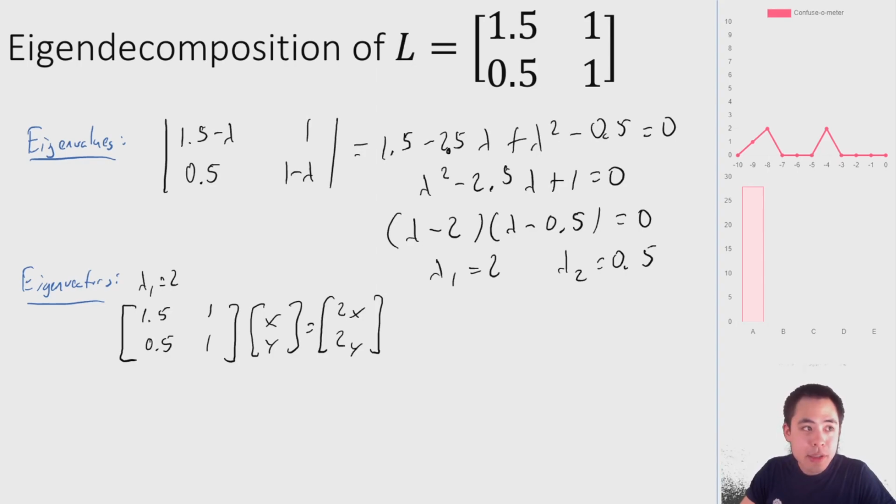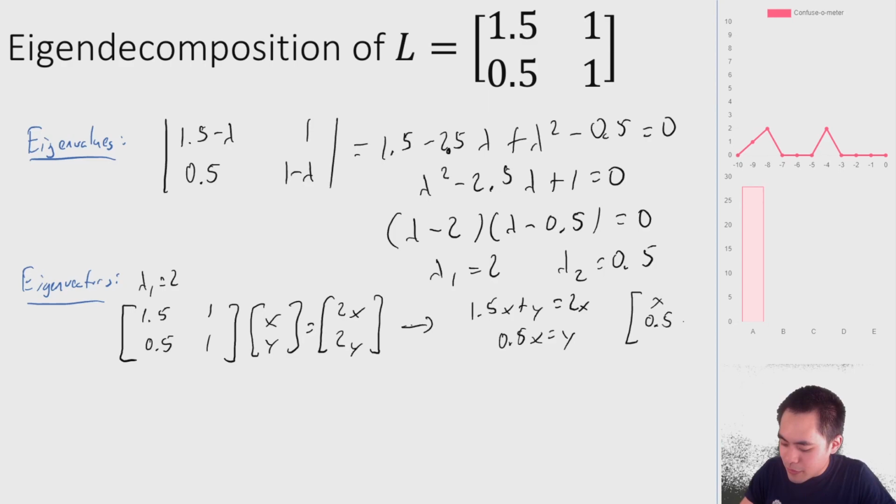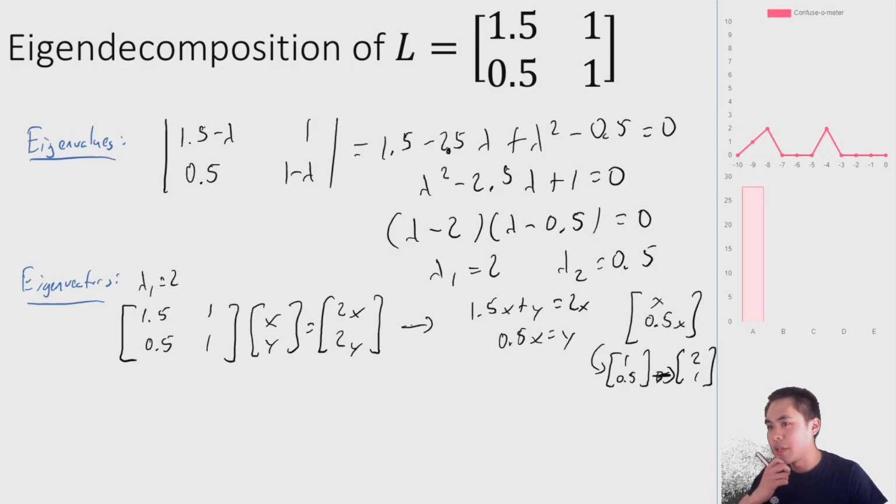When you solve this, you get 1.5x plus y equals 2x, and therefore 0.5x equals y, and so you end up getting the vector (x, 0.5x), which gives you either (1, 0.5), or I wrote it as (2, 1). You can scale it a bit to get rid of the decimals.